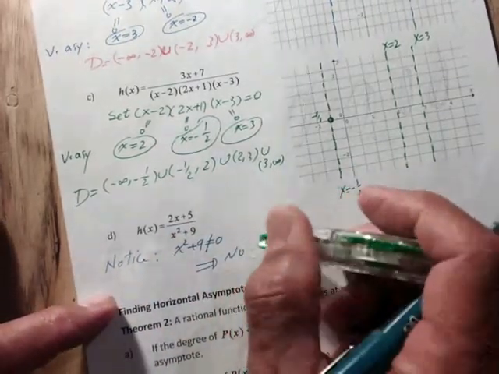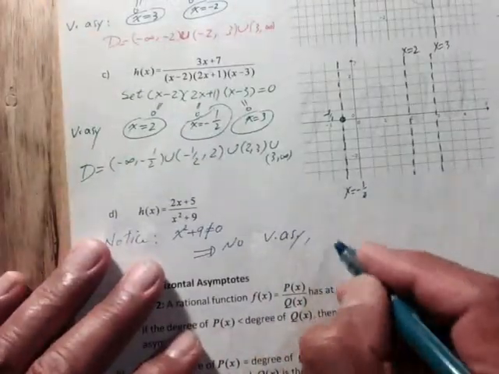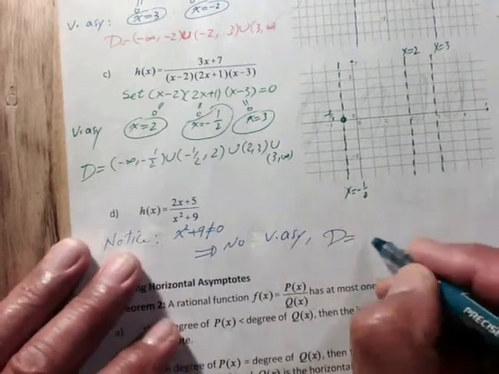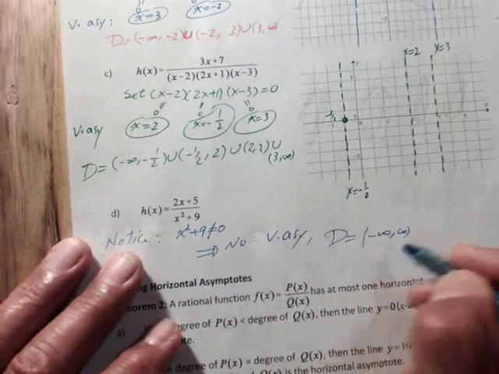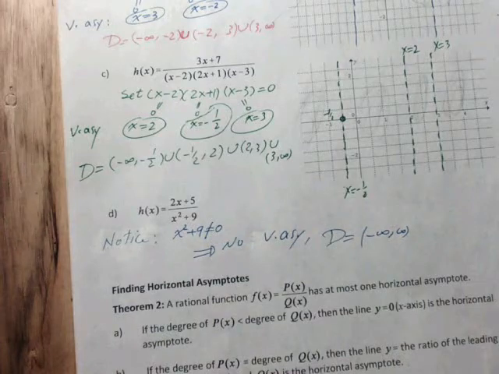No vertical asymptote, and the domain in this case is the whole real line, because nothing makes the denominator 0. The domain is there. Okay?